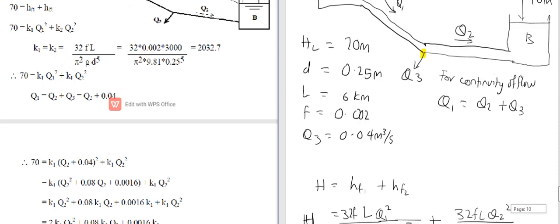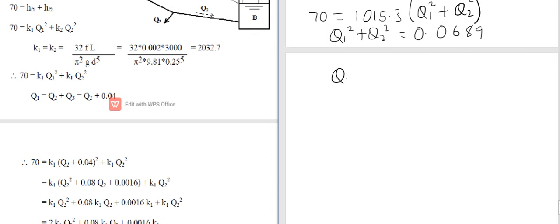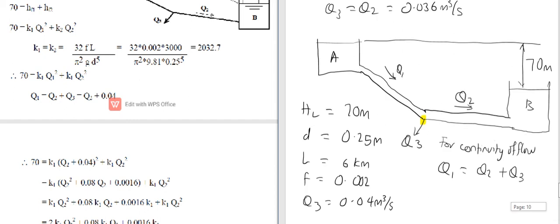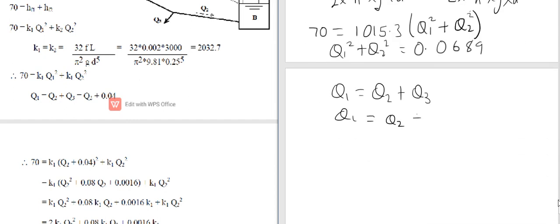Now let us bring back this equation. Q1 is equal to Q2 plus Q3. We know Q3 to be 0.04, so Q2 plus 0.04, right? So we can square both sides now.